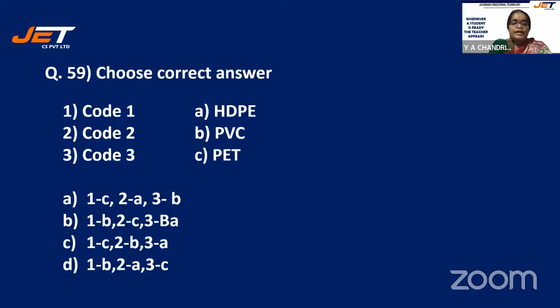Next question. Choose the correct answer. You have to match it and choose the correct option in A, B, C, and D. It is a small matching. Codes are given. You can take 30 seconds.